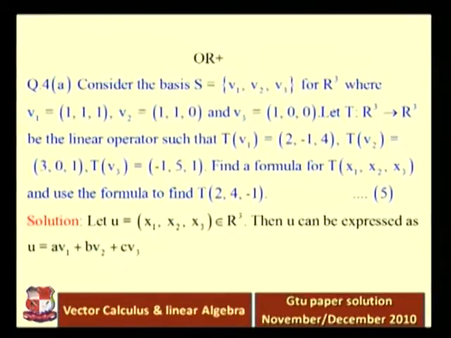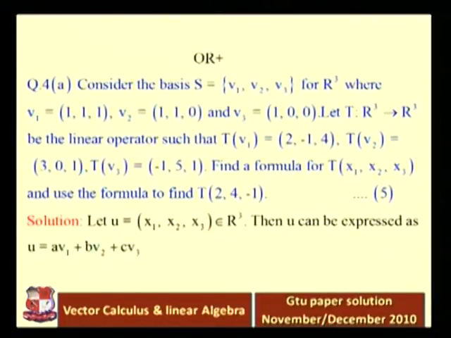So now because V1, V2, V3 are basis vectors for R3, any (x1, x2, x3) belonging to R3 can be expressed as a linear combination of the basis vectors of R3. That means if we take U equal to (x1, x2, x3), definitely U can be expressed as a linear combination of V1, V2, V3, by the definition of basis.